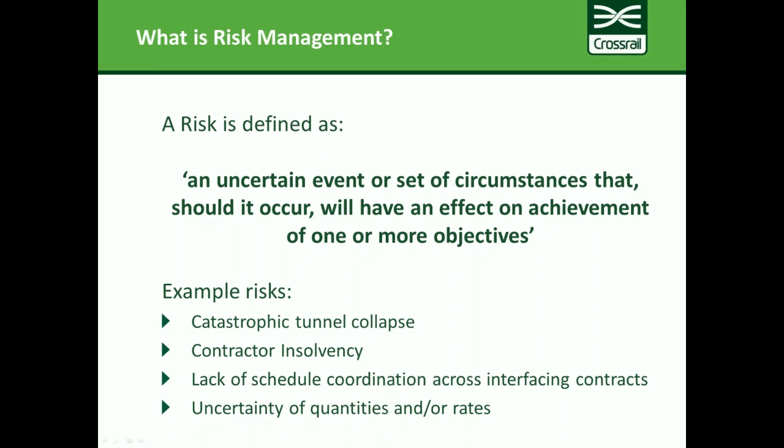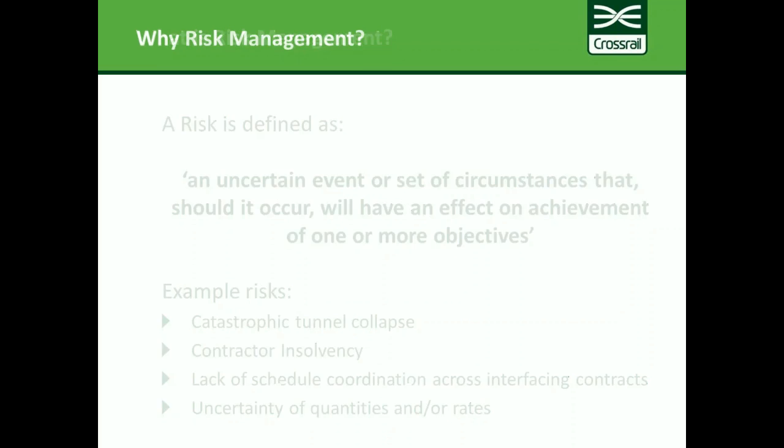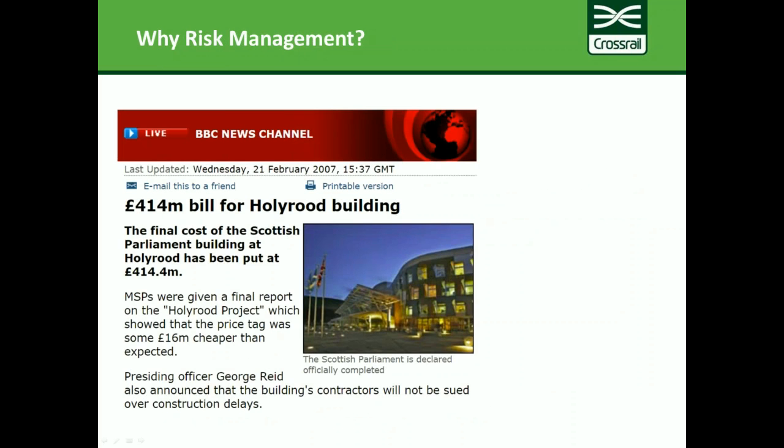So there's a range of different categories of risk that we've been looking for. And I just wanted to make it clear that these risks are real. In 2009, when I first started here at Crossrail, the UK had a pretty poor record of delivering major projects, and one of the worst examples of that was the Scottish Parliament building, which was originally projected to cost around £40 million and ended up going 10 times over its cost, at just over £400 million.